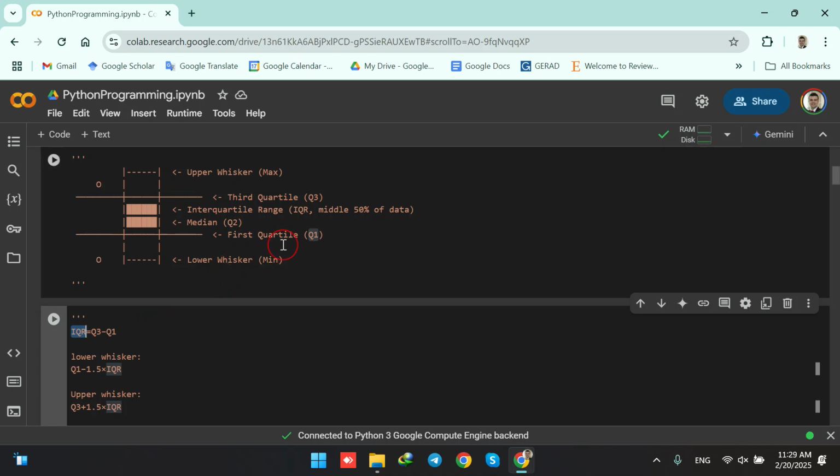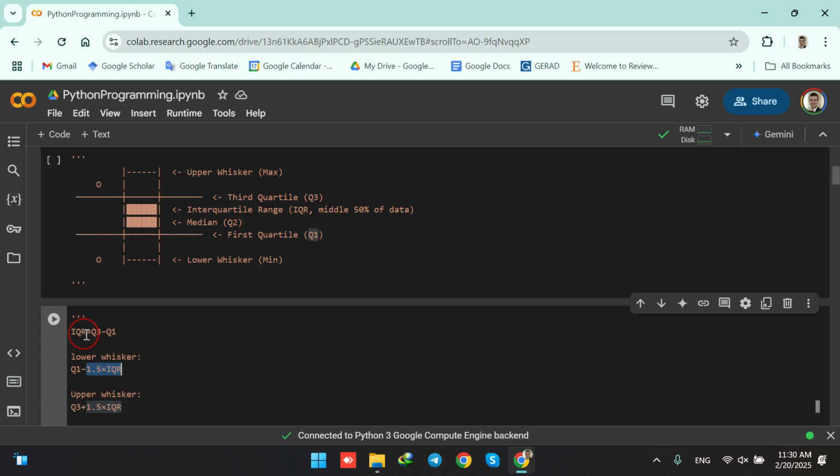And in order to calculate the lower whisker and the upper whisker, we need this number, because the formula for lower whisker and upper whisker is the following. So Q1 minus 1.5 multiplied by IQR, or interquartile range.